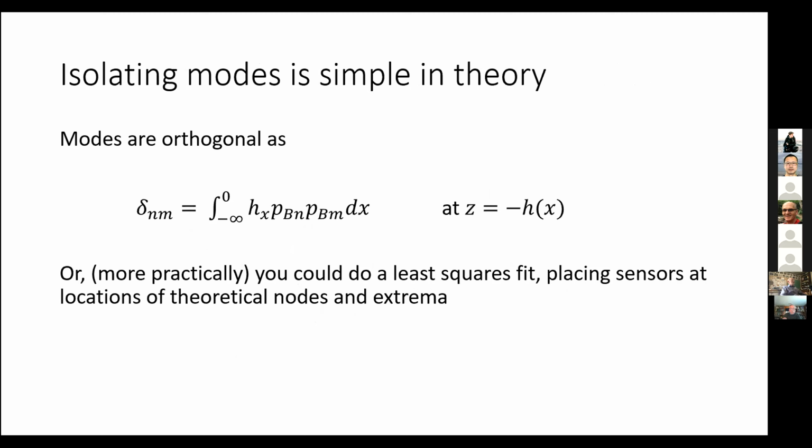But in principle, since the modes are mathematically orthogonal, if you had an intense array of bottom pressure gauges across the shelf and slope, you could take advantage of the orthogonality, which involves bottom pressure and bottom slope, and you integrate across the shelf. But that would take a lot of pressure gauges, and it'd be more practical, if you wanted to use pressure gauges to find these modes, to just place them in a sensible way in terms of nodes and maxima, and use the least squares approach.